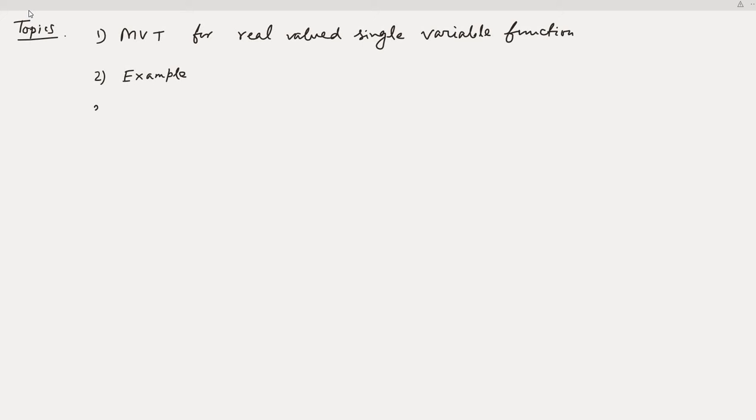Then we generalize the mean value theorem for real valued single variable functions to vector valued several variable functions.